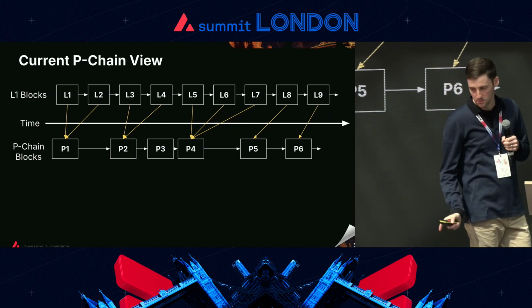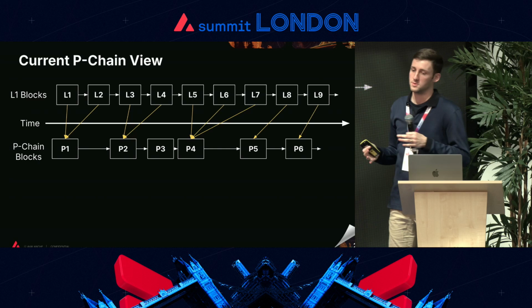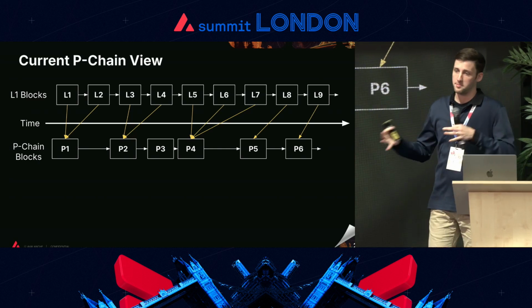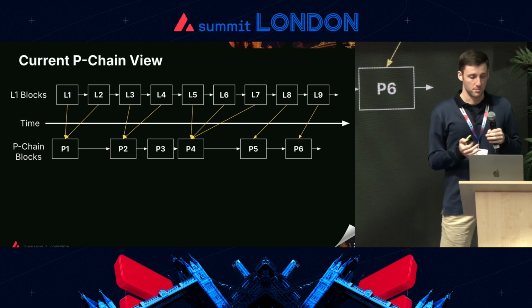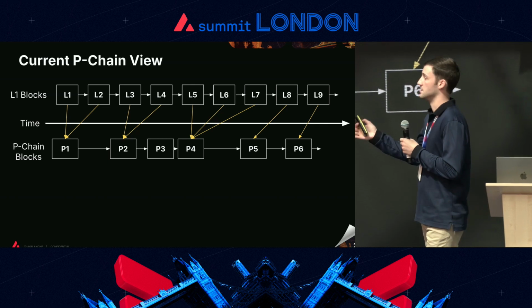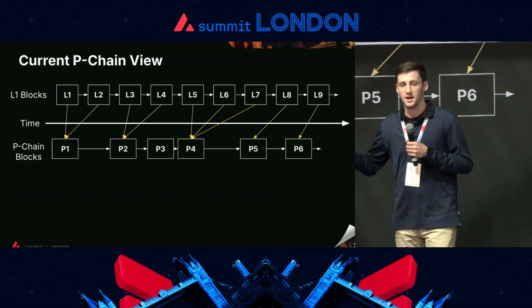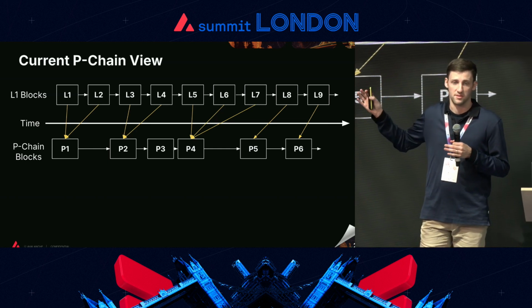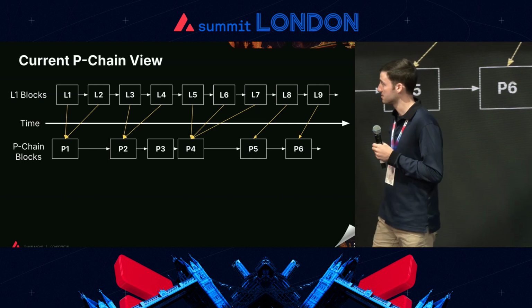And this is how it currently works, which is that all L1s use what's called the proposer VM, which wraps the inner VM, which in most cases today is the EVM. And in the proposer VM, each block has a pointer to a recent P-chain block. The builder of the block, the block proposer on the L1, gets to specify the P-chain block that they have seen as the latest block, more or less.